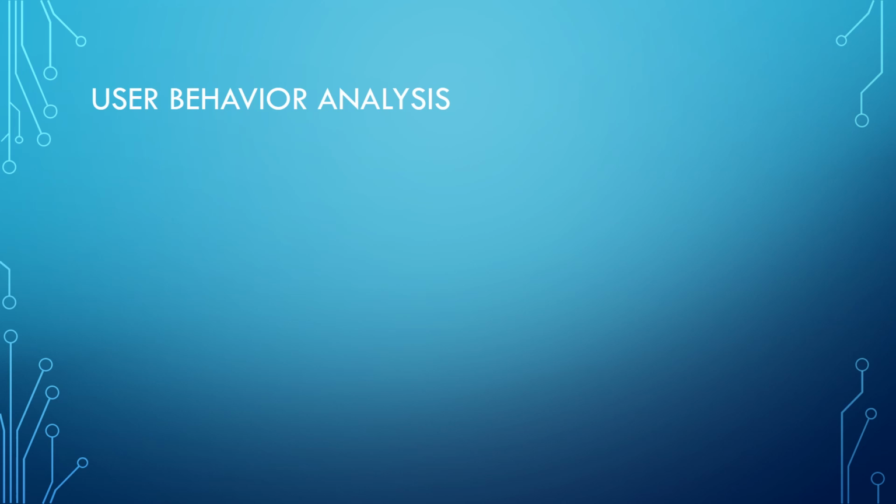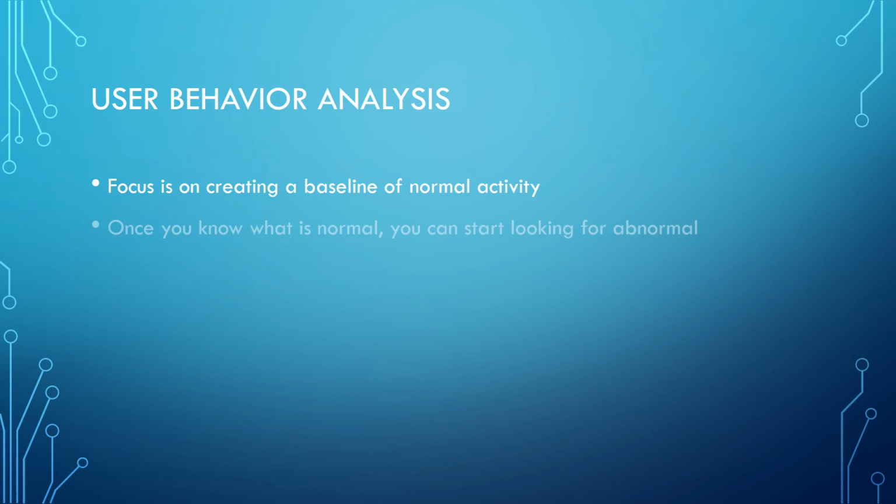But there are tools out there designed to look for it, and one category of those tools is called user behavior analysis. The way user behavior analysis works is it focuses on creating a baseline of normal activity. It watches the network, it sees how its users act on a day-to-day basis, and determines this is what normal activity looks like. Once it's determined what normal activity looks like, it can start looking for abnormal activity.